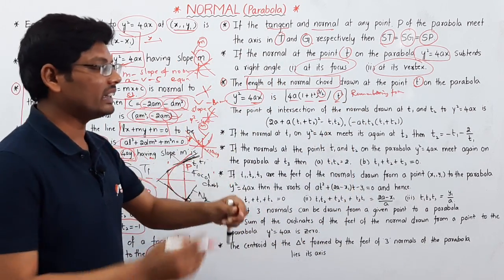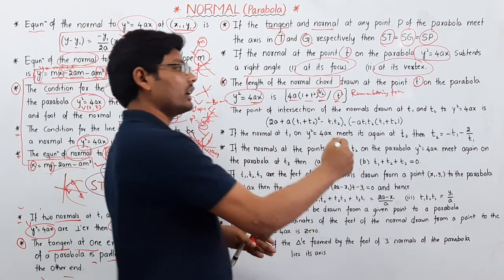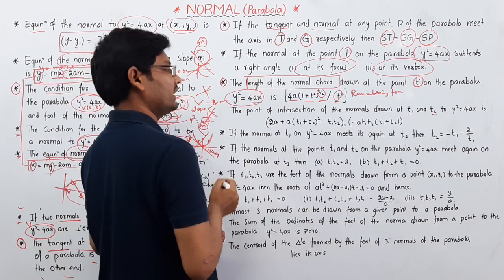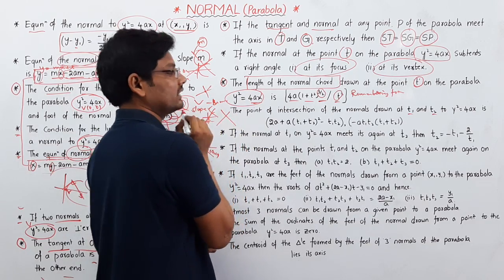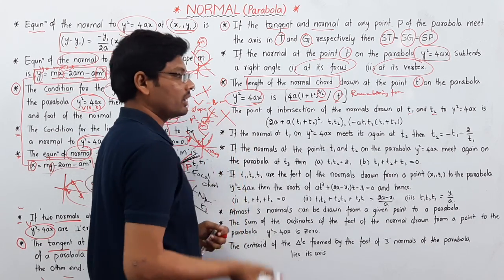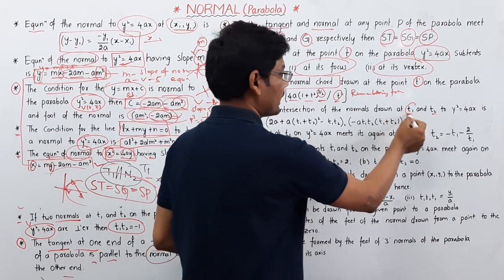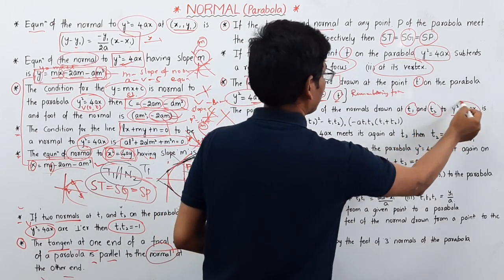And the point of intersection of normals drawn at T1 and T2: they intersect at one point, that is called the point of intersection, where the normals are at T1 and T2 to the parabola y square is equal to 4ax.